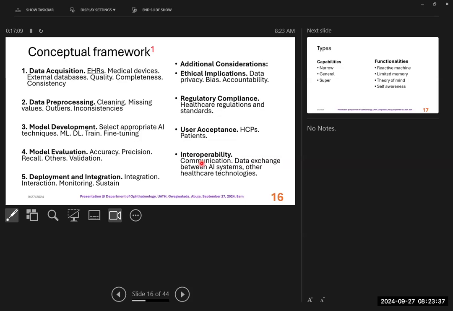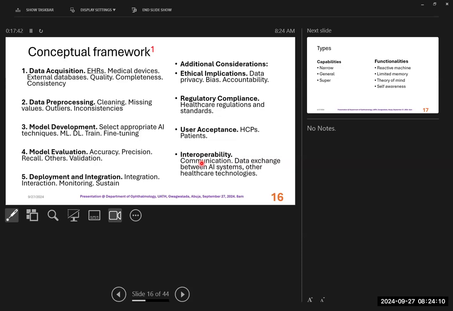Then model development. When we are designing AI for a particular purpose, let's say we want to design AI for the eye, is it deep learning or neural network we are going to use? That is what we mean by model. After we have picked a particular model that is specific for a particular purpose, we fine-tune it.